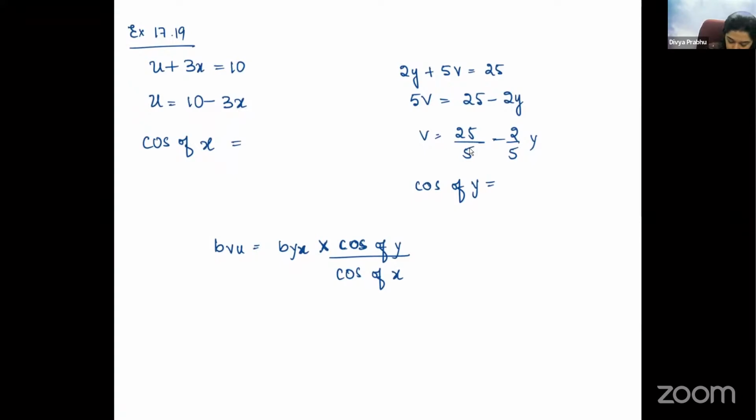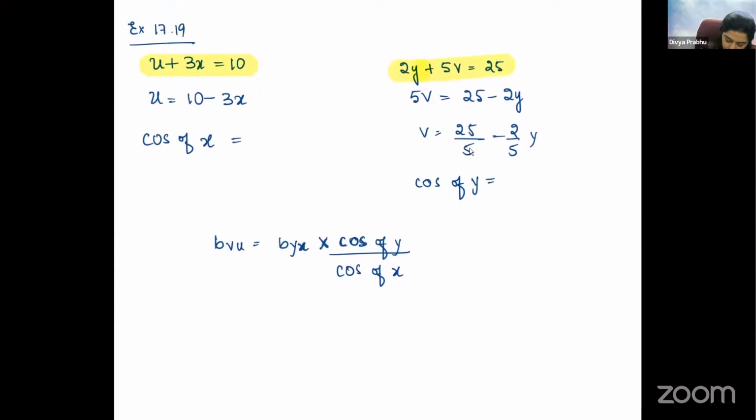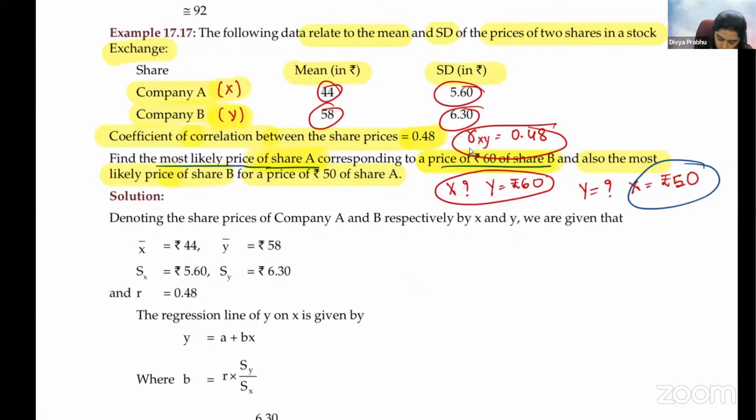So there is an equation which is u plus 3x is equal to 10. 2y plus 5v is equal to 25. We'll go to question one, 17.19.